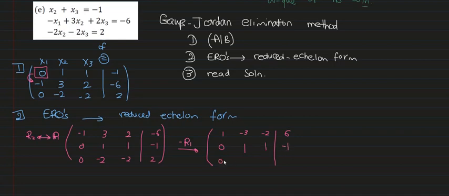Okay, so here we have 0, -2. This is -2, and that is 2. Now in the first column, the first element is 1 and below it are zeros, so the first column is ready. The second main diagonal element is 1, but below it is not 0. So what we need is to eliminate that element.